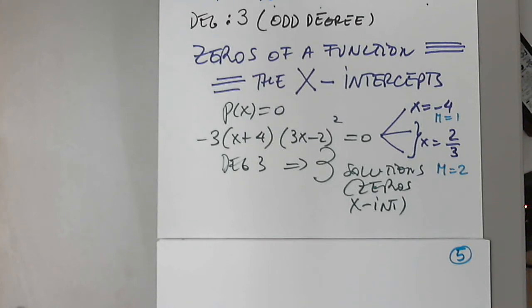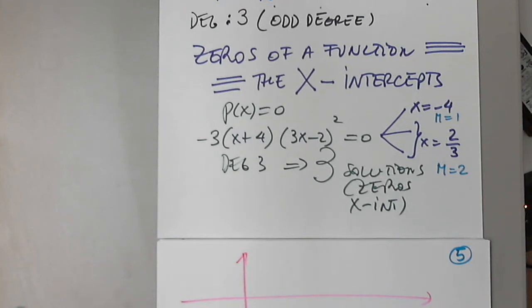Odd multiplicity, like 3, crosses very slowly. Multiplicity 1. Multiplicity 5, even flatter. What about multiplicity 2 or 4? It always turns. With even multiplicity, it always turns, but it depends on how. So let me just draw a little graph here for you.